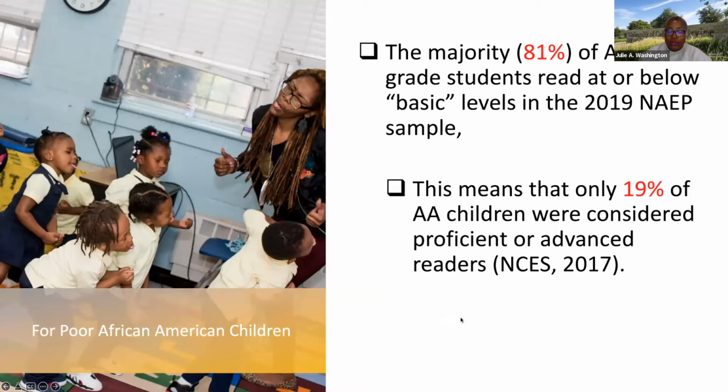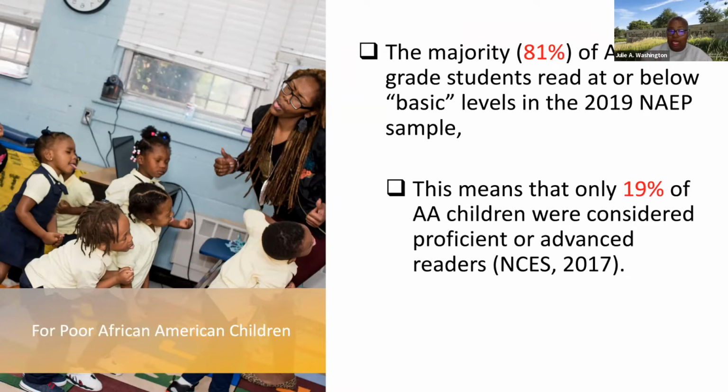So we're interested in this issue, I am, because of the poor reading outcomes for African-American kids. That's why we're focused on this population of students. So when we look at the National Assessment of Education Progress, which is often called the nation's report card, the 2019 NAEP showed that at fourth grade, the majority of African-American kids, and we say majority, we mean majority, 81%, that's more than 8 out of 10 kids are reading at a basic level or below in fourth grade.